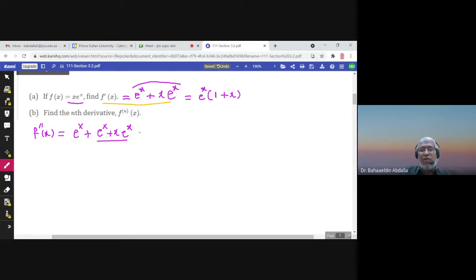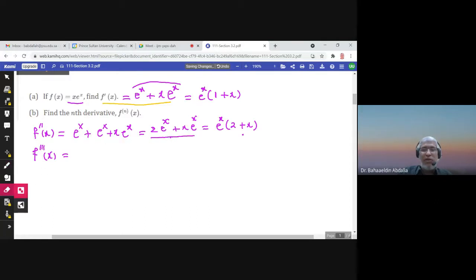Now this is equal to 2 e to the x plus x e to the x, and if you take e to the x as a common factor, you will have 2 plus x. Now let us try to find the third derivative. We find the derivative of this one. We can use this or this or this. I'll use this one.